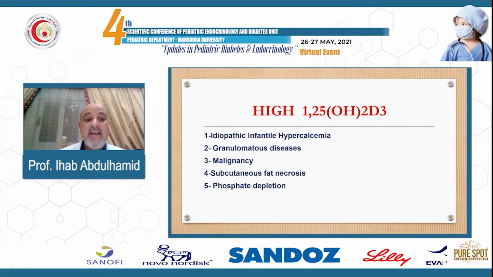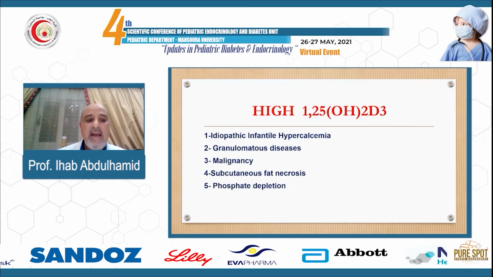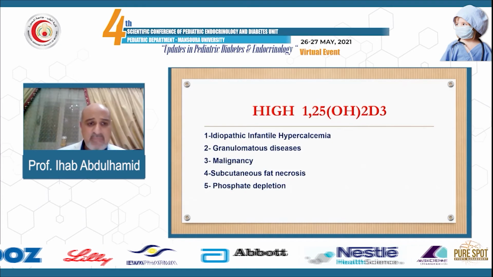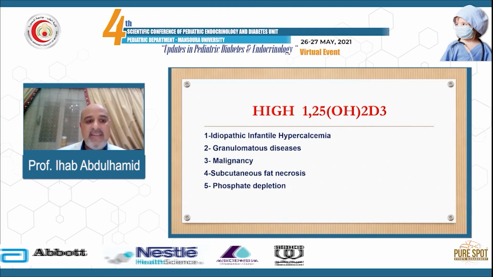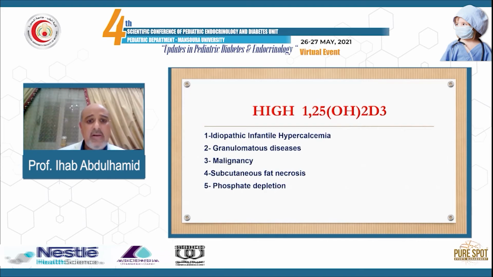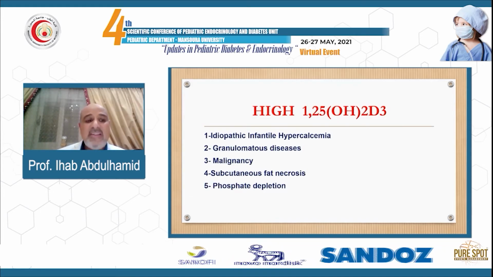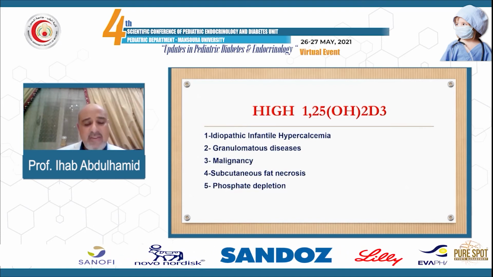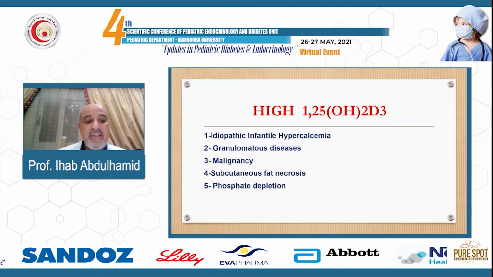Malignancy like leukemia, lymphoma, rhabdomyosarcoma, ovarian tumors, pheochromocytoma, and also hepatocellular carcinoma will produce parathyroid-related peptide, or in 1% lead to 125 from 1-hydroxylase activity in the malignant cells. Subcutaneous fat necrosis releases it from the macrophage in the necrotic fat, and there are also phosphate depletions, especially in premature babies.